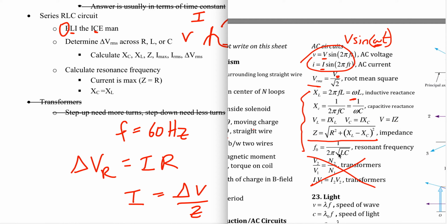So all you need to know is that if you want to maximize the current and minimize the impedance, that means you want all of this to be equal to 0. And that means that Z will equal R. And that will be the minimum impedance, and that will give you the maximum current. In order for that to happen, then the two reactances must equal each other. And when you set these two reactances equal to each other, you can solve for that resonant frequency that gave you that maximum current in the first place.